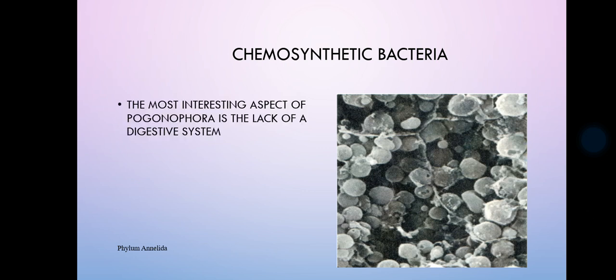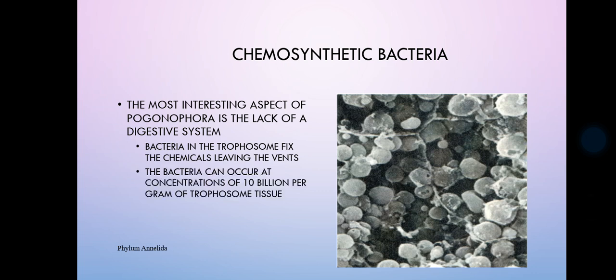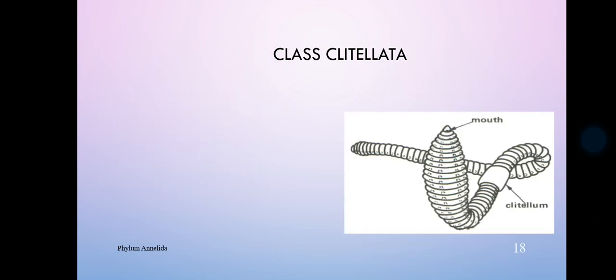Chemosynthetic bacteria: the most interesting aspect of pogonophora is the lack of a digestive system. Bacteria in the trophosome fix the chemicals leaving the vents. The bacteria can occur at concentrations of 10 billion per gram of trophosome tissue.